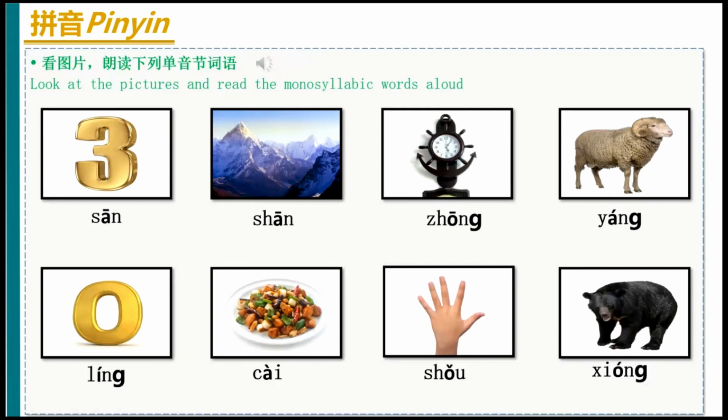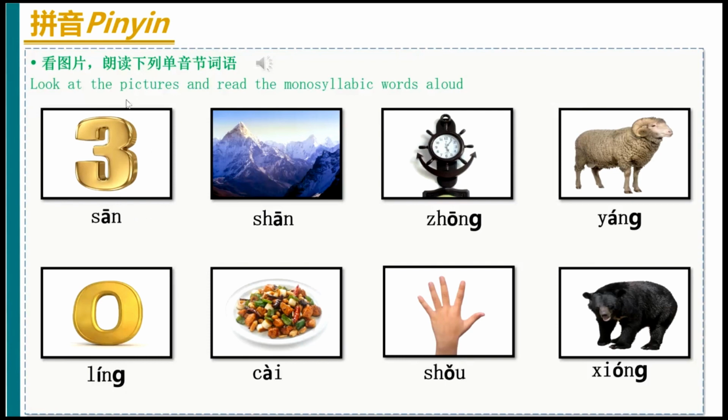三, 山, 中, 阳, 陵, 菜, 手, 熊. The meaning of these words is in this given picture.